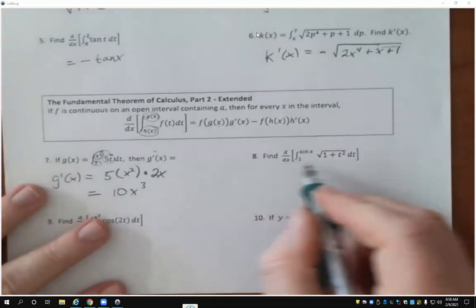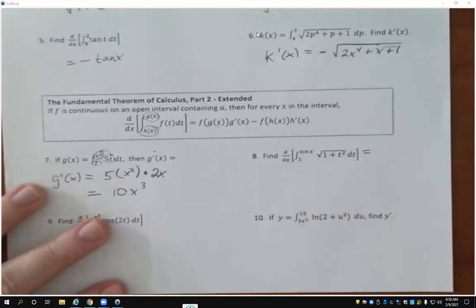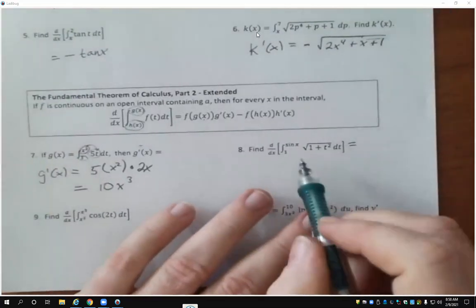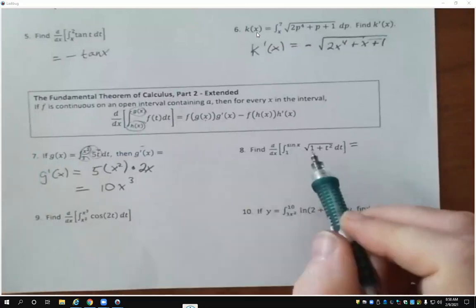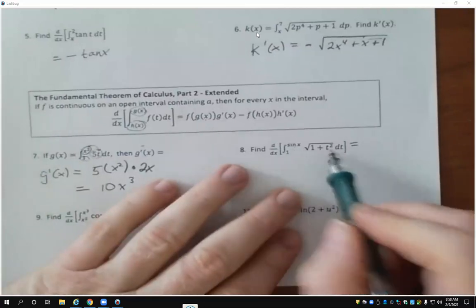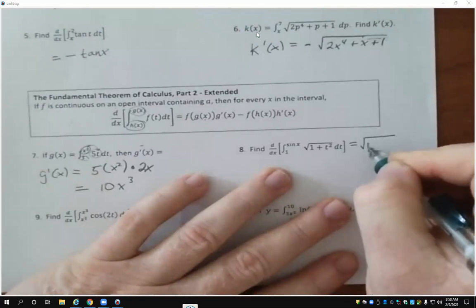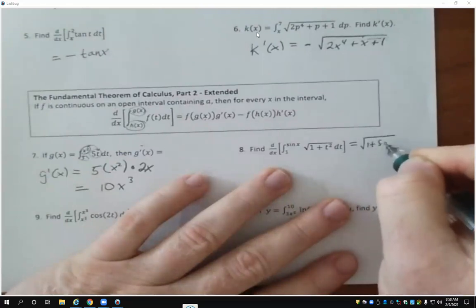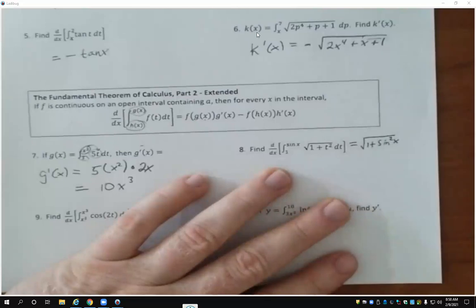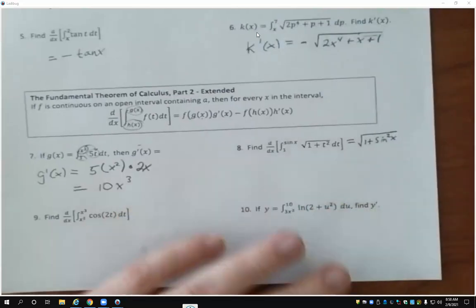All right, so over here on this one, okay, we're going to plug sine x into t. So we're going to get the square root of 1 plus sine squared x. That's all under my radical.